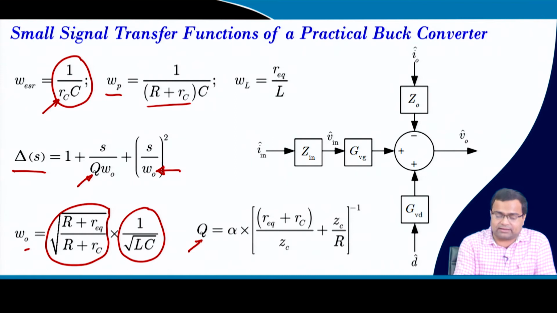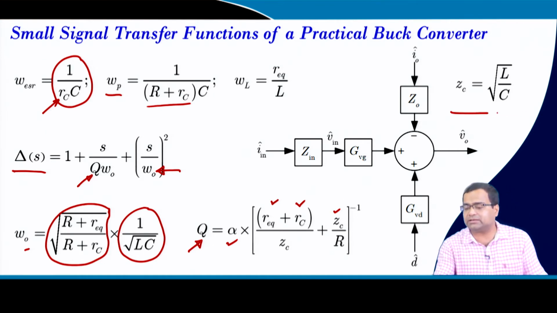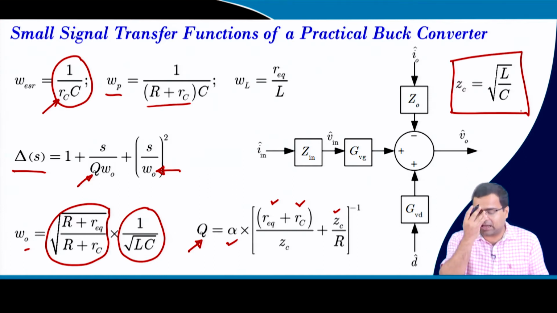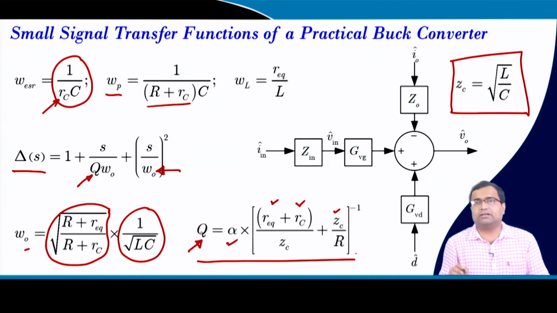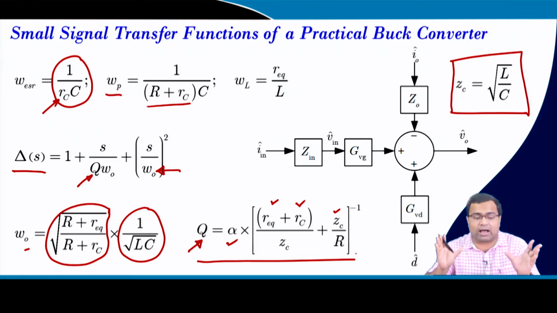Then the Q factor is this alpha, which we have already discussed. R equivalent we discussed, RC is the ESR, ZC is the characteristic impedance, which is nothing but square root of L by C, and this is the Q factor. This Q factor is the one which causes the change in the peaking, that means the phase margin.